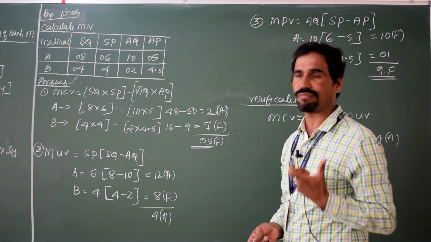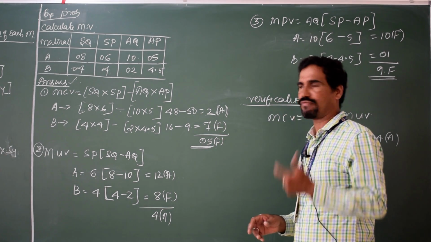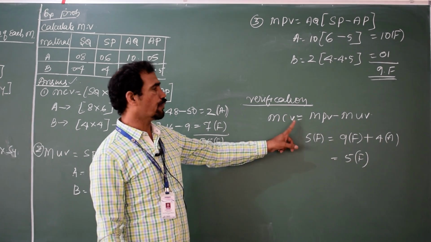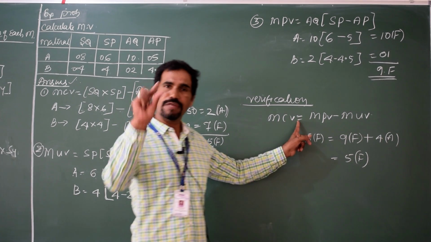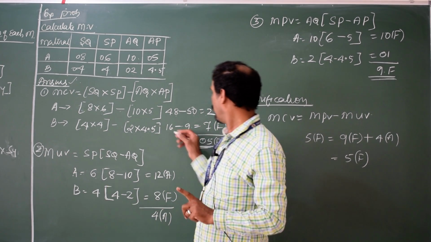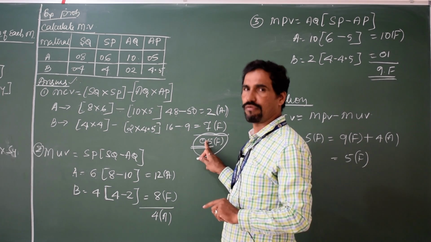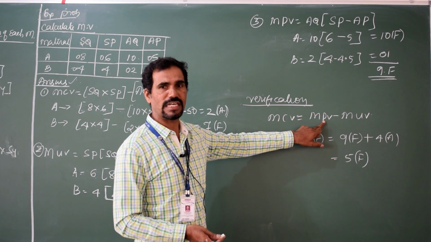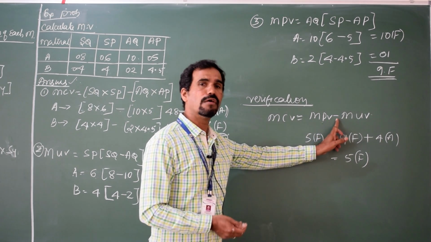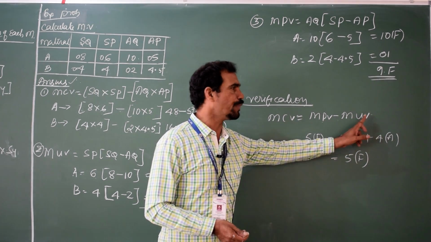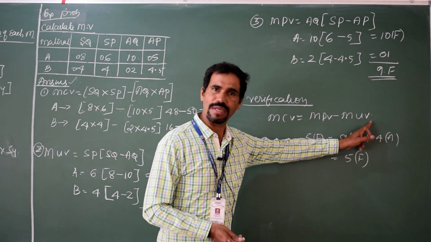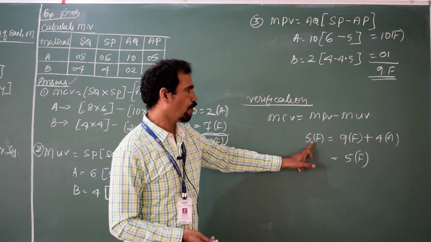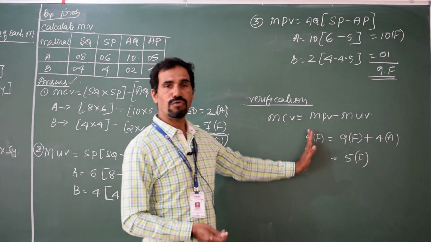How to verify these sums? Very simple formula. See the formula, verification equals material cost variance. We already found the material cost variance, 5 favorable. Material cost variance equals material price variance, MPV, minus material usage variance, MUV. How do we get the 5?